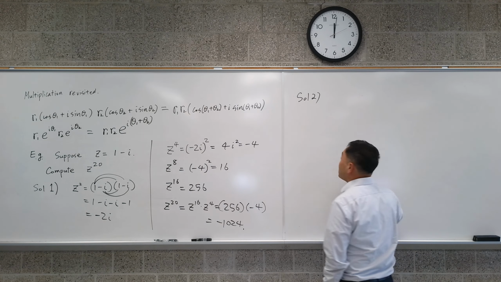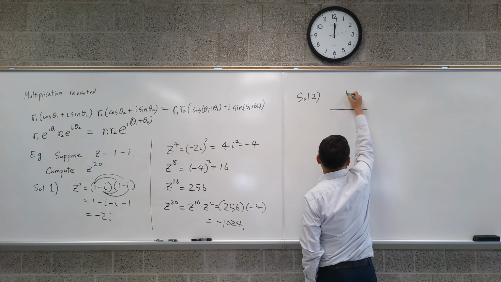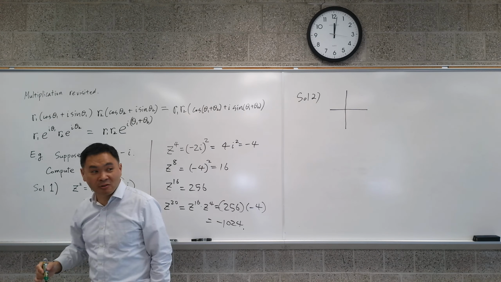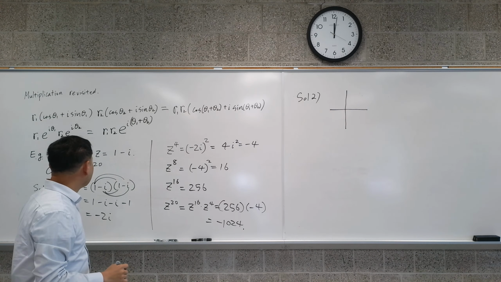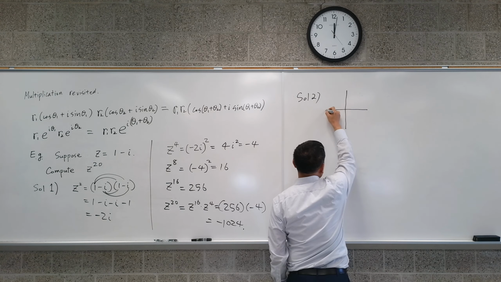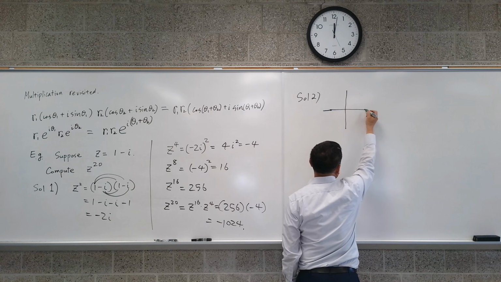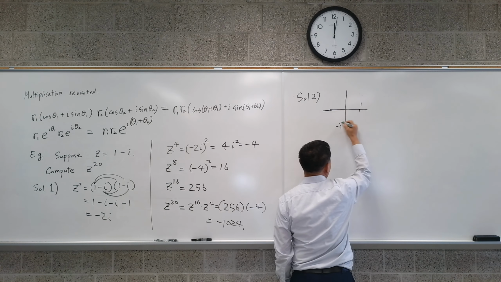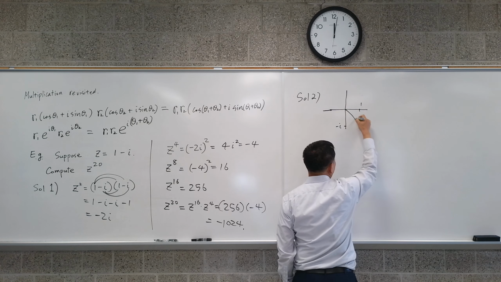Solution 2 would be, you could also use the formula for it, but in many cases it's easier to just draw it. So what is 1 minus i? You go one step in the real direction, and then you go negative i in the imaginary direction. It's this one.